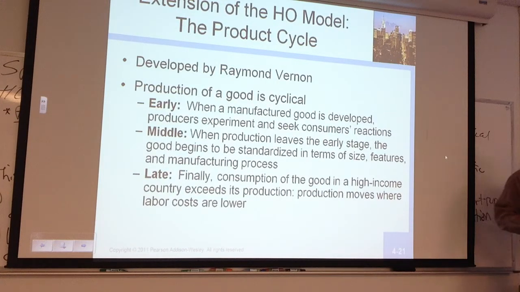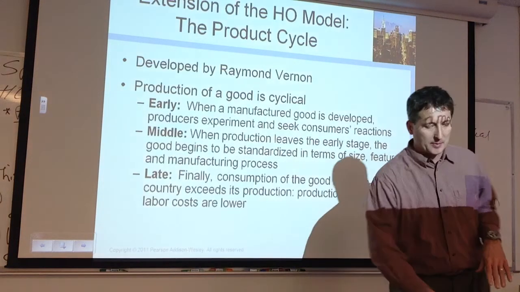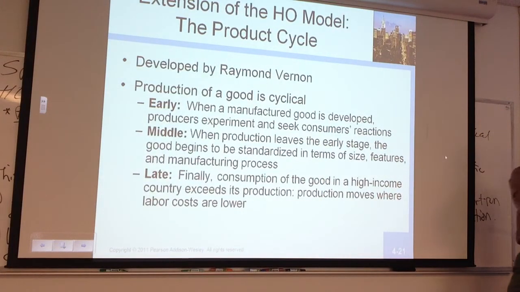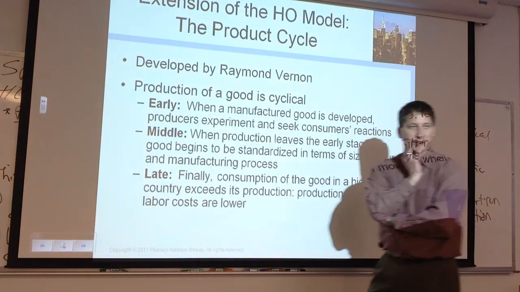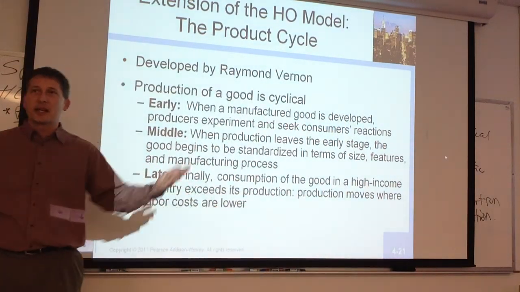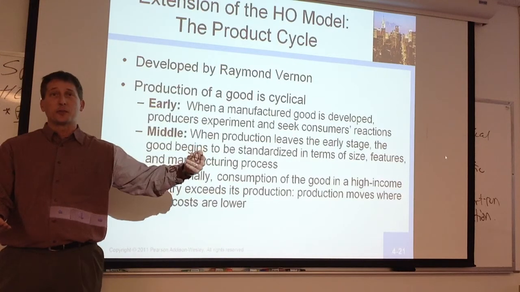Let's look at this for a sec. If we think about production in a rich country versus a poor country, right? So let's call Mexico poor, because relatively speaking, the data shows that they are, on a per person basis.